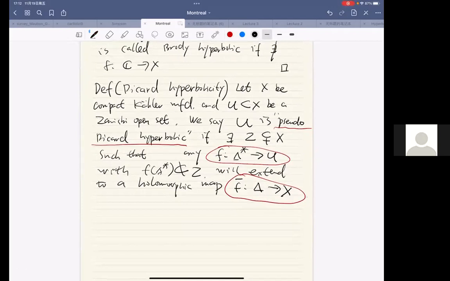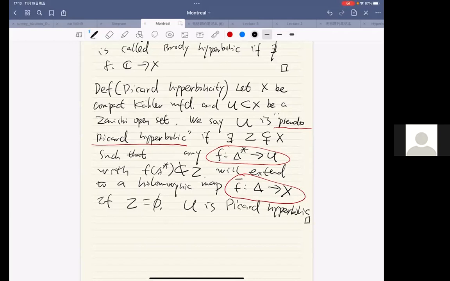Moreover, this is pseudo, but if such a Z is an empty set, then we reduce to the usual thing. If Z is empty, then we say U is Picard hyperbolic. You just remove the word pseudo.